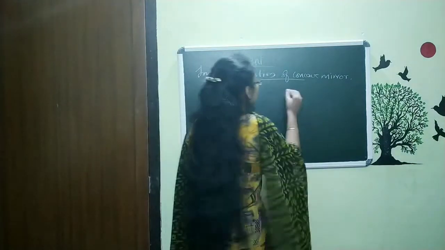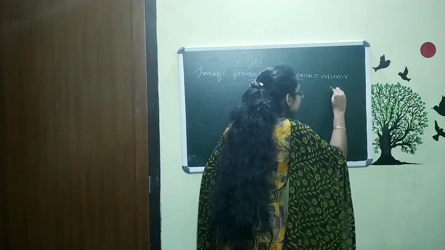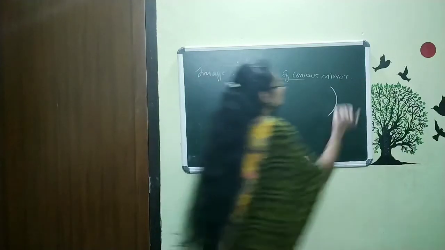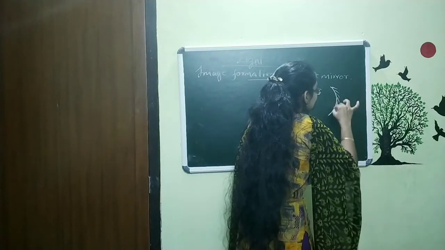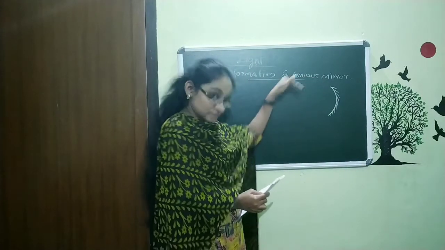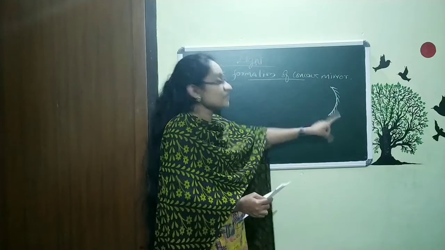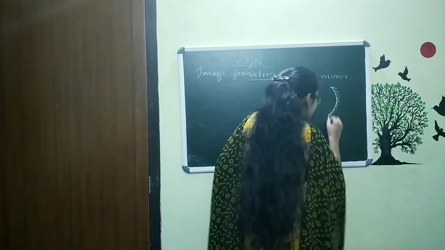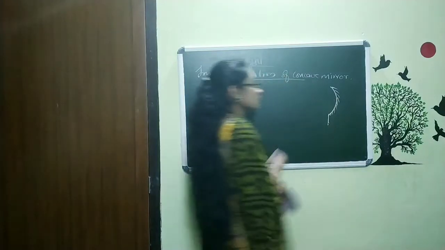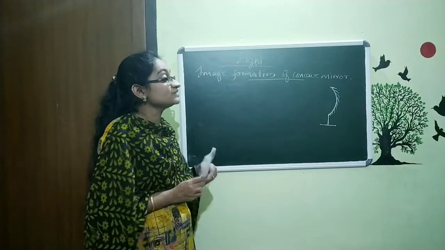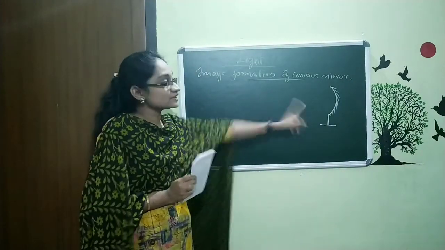I am just taking one. What is the name of this mirror? This is curved inward, so this is a concave mirror. And I am placing this on the stand. And I always want to place the object in front of this mirror.